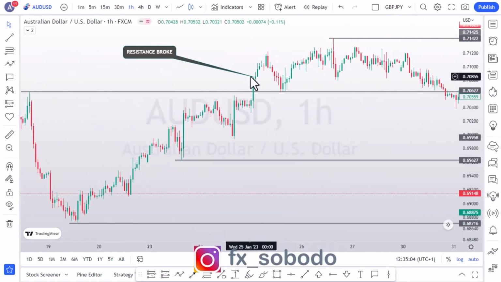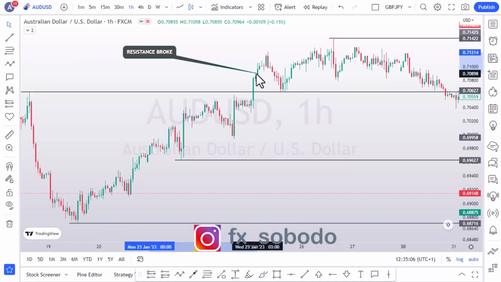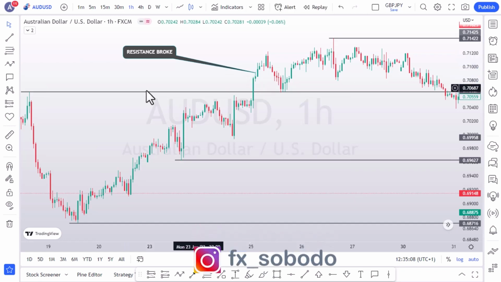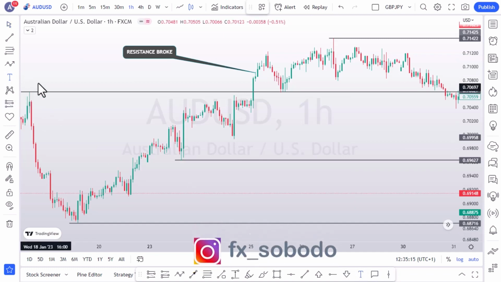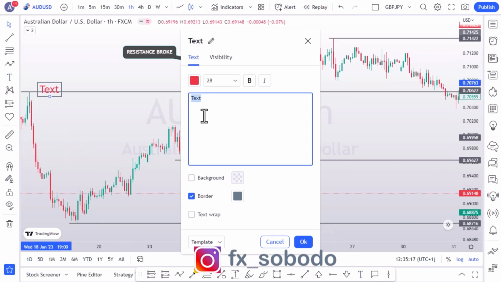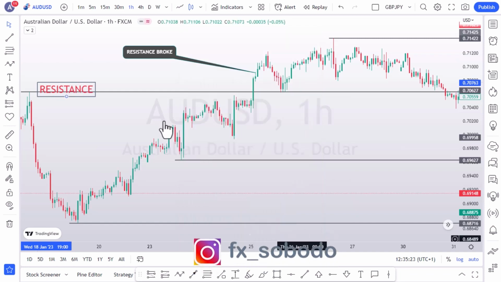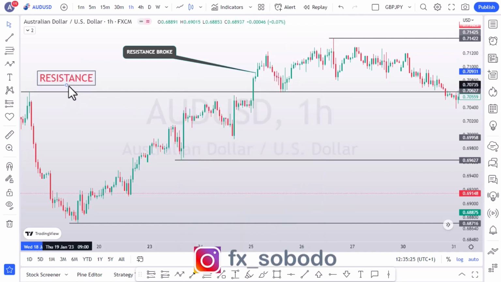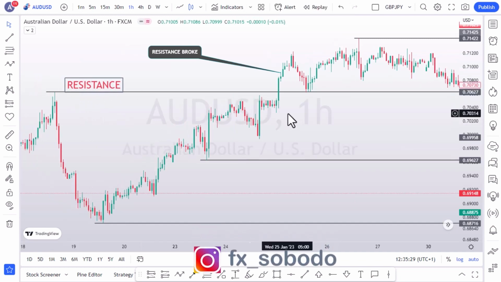Here you see, this candle is the one that broke our resistance. This is our resistance, remember. Let me annotate it. Remember, this is our resistance.